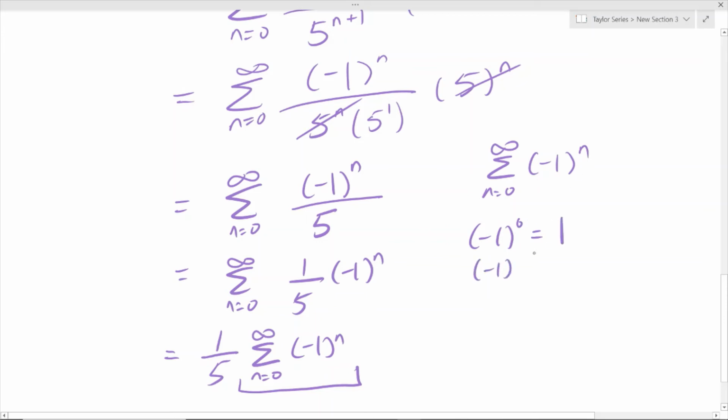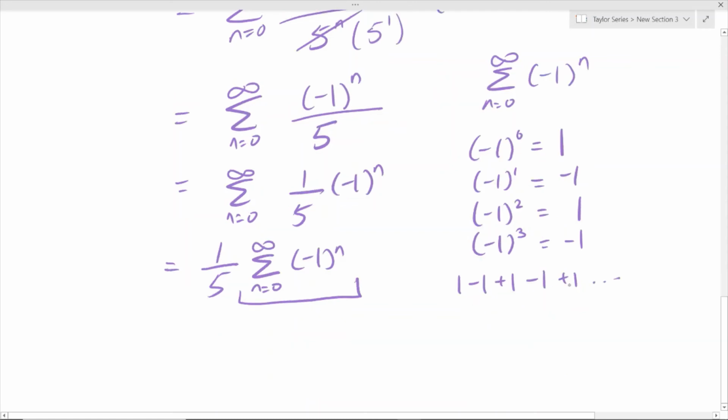When n equals 1, the next one will be -1, and then (-1) to the exponent of 2 is going to be 1, so it alternates. So (-1) to the exponent of 3 is -1 right here, so it alternates 1, -1, +1, -1, +1, and so on and so forth.